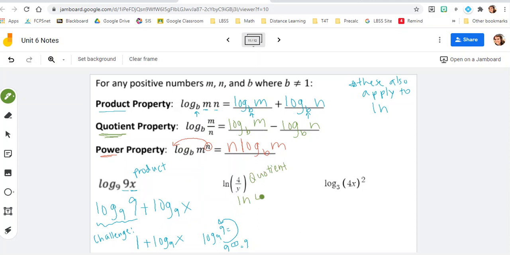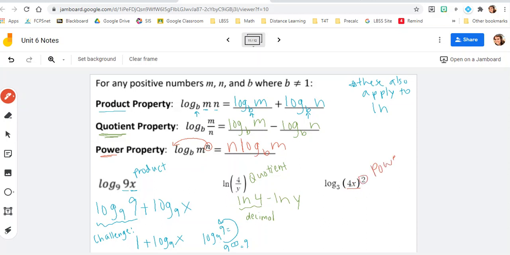It's minus because we're dividing, so it changes to subtraction: ln of 4 minus ln y. This could become a decimal. You could type it in your calculator to see what you get, but otherwise there's no more simplifying you could do.